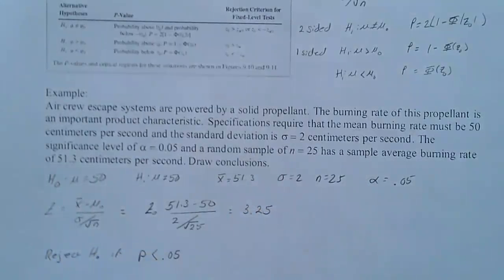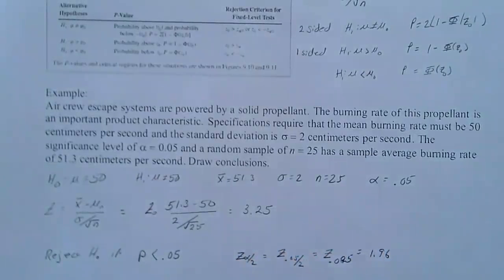And so for alpha over 2, we would look at z of alpha over 2 is equal to z of 0.05 over 2, that means a z of 0.025, and we know that to already be 1.96.